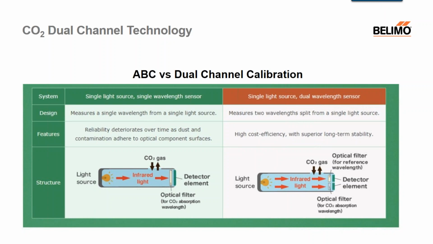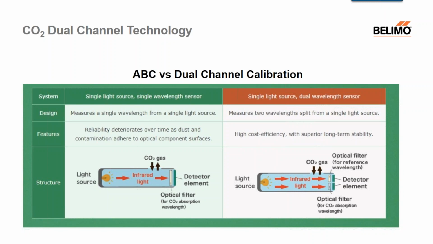So if we look at this in a little bit more detail, CO2 sensors employing the single detector element, like ABC logic on the left, typically utilize gas concentration correction software with the assumption that the CO2 concentration in unoccupied spaces is approximately 400 parts per million.